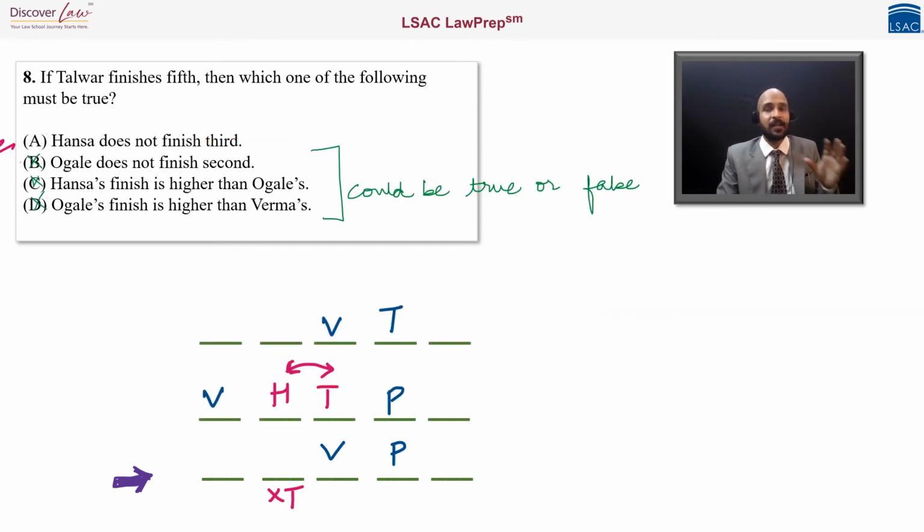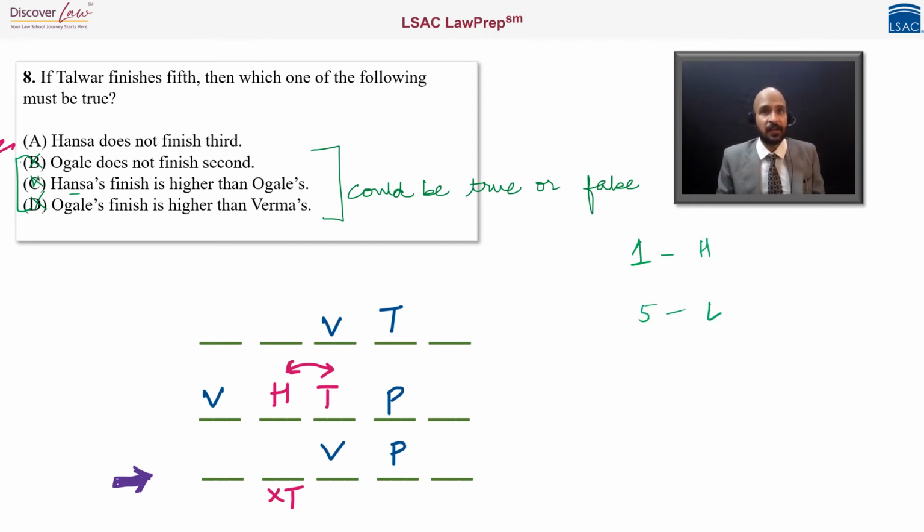Okay. Now if you look at the other 3 options and you ask yourself the same question, could B be false? The answer will be yes. Could C be false? The answer will be yes. Could D be false? The answer will be yes. For example, let me just take option C. It says H finishes higher than O. Now what was the highest finish? We remember that the first position was the highest and that the 5th position was the lowest.